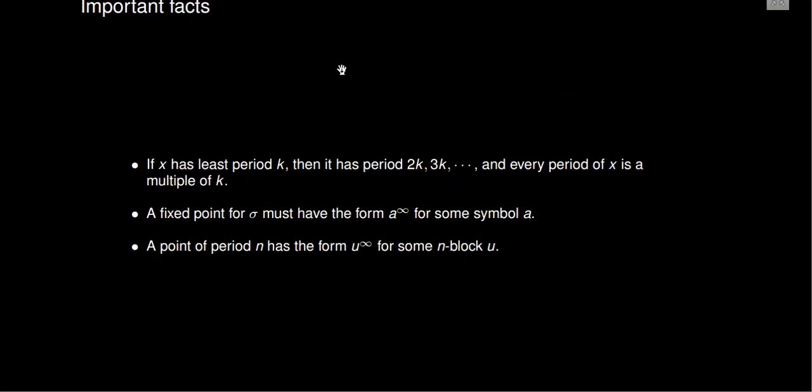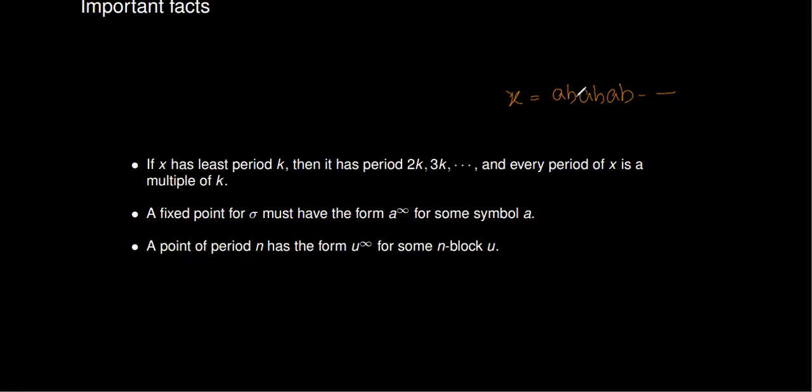First of all, if x has least period k, then it has periods 2k, 3k, and every period of x is a multiple of k. For example, you have one x like AB, AB, AB, and so on.